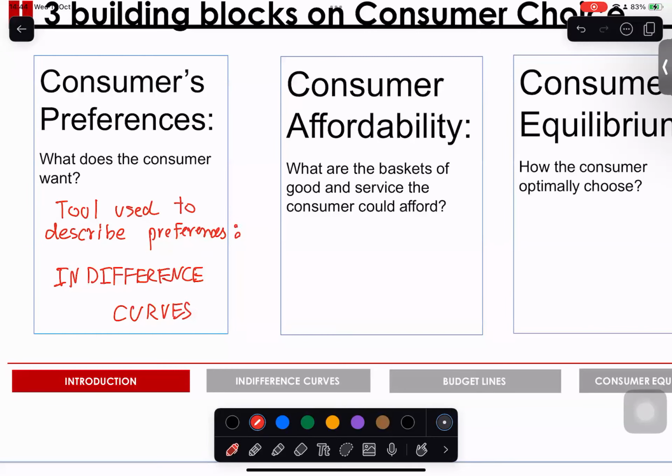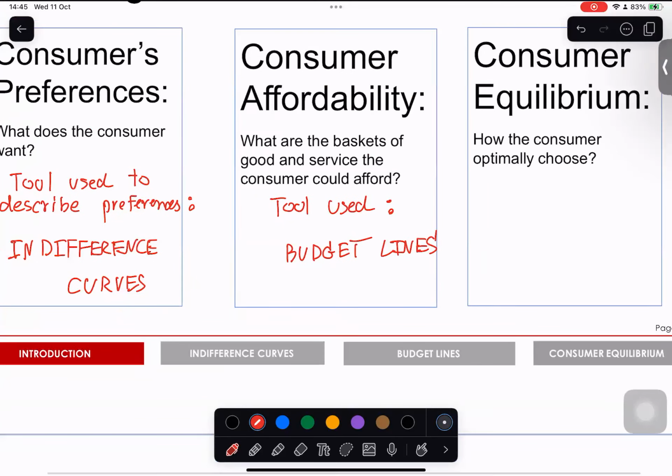Second room, money talk. Talk about affordability. We use a tool called the budget line, BL. Budget lines will help us to identify, okay, there are a million baskets in front of you.